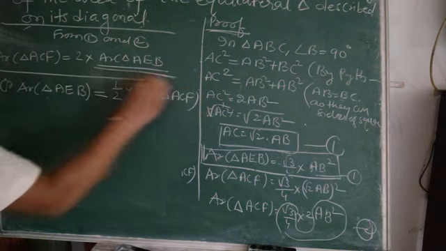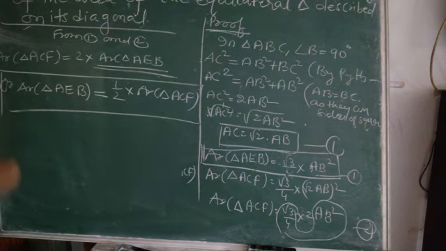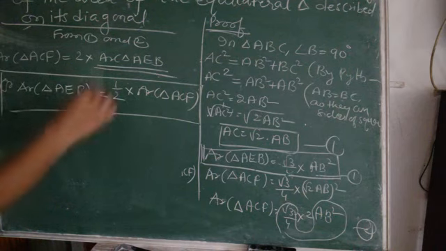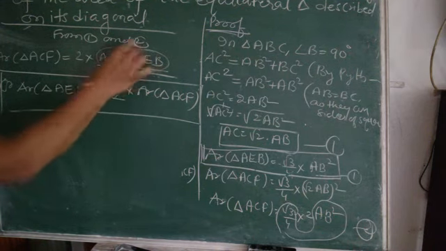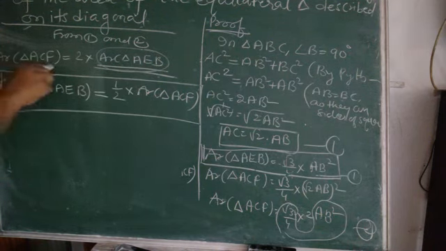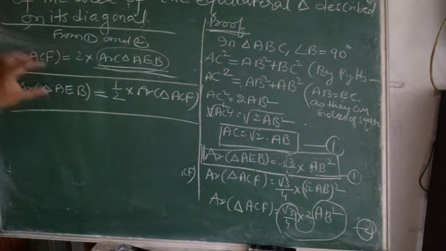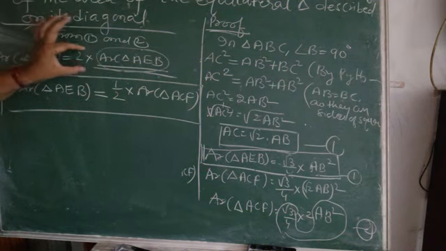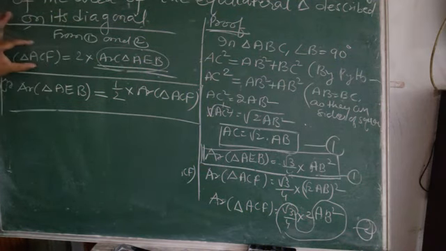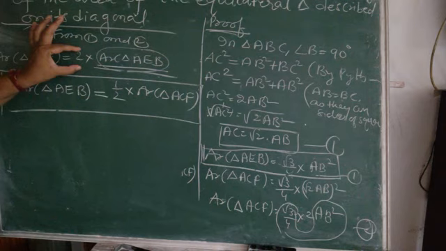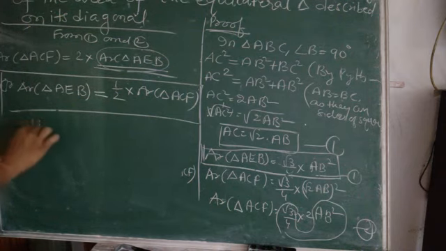Same thing, I just wrote by transposing this 2 here, because it is asked that this area is equal to half into the area of triangle ACF. The big triangle is equal to the smaller into 2, or the smaller triangle is equal to the big triangle's area divided by 2. Same thing, children. Hence proved.